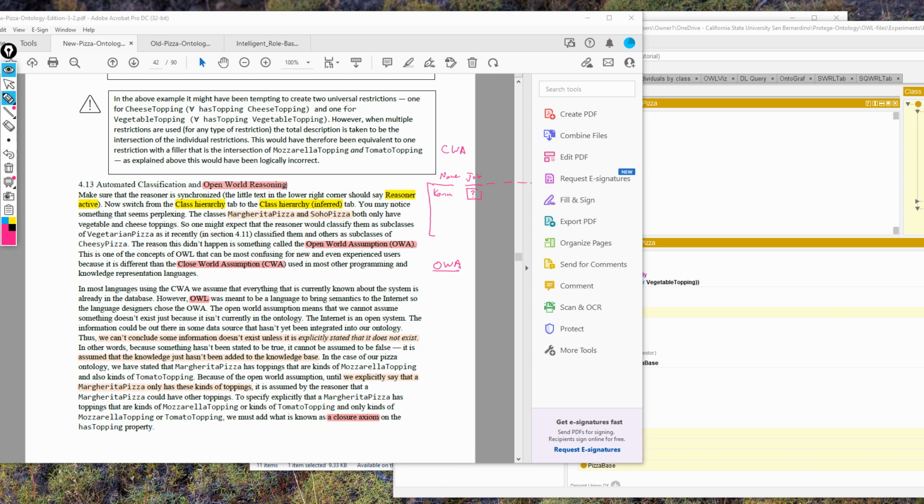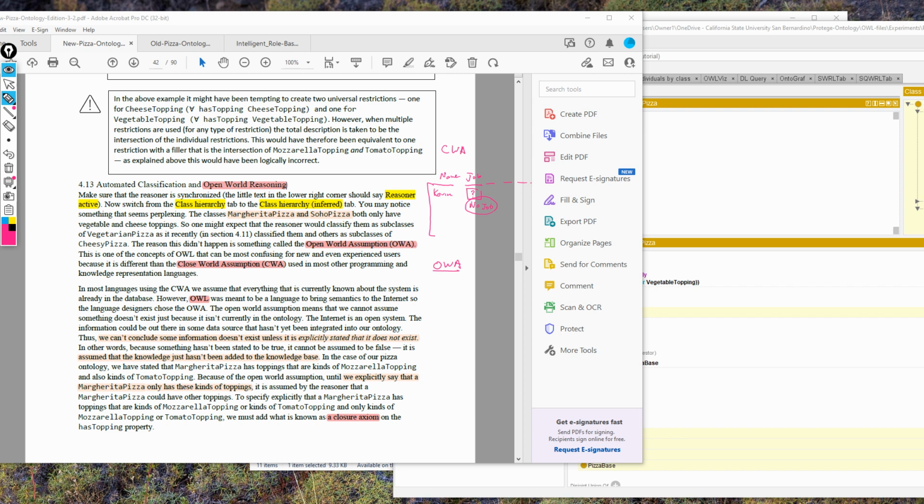Unless we explicitly state that Kevin has no job, we cannot conclude that he doesn't have any job. Otherwise, when there is a blank space like this, we cannot conclude anything, because maybe his job will be added later on. So that's the open world assumption.